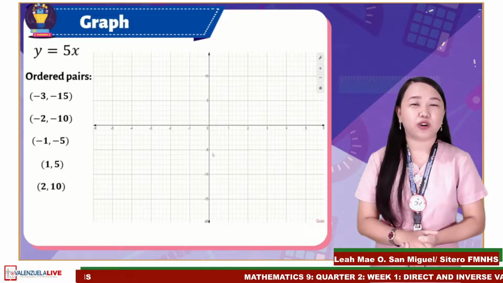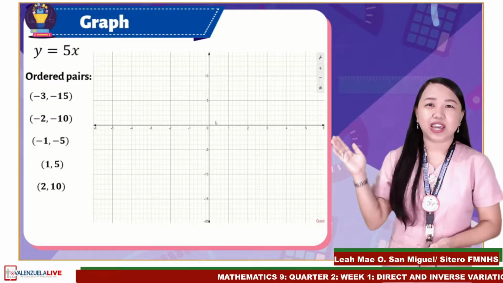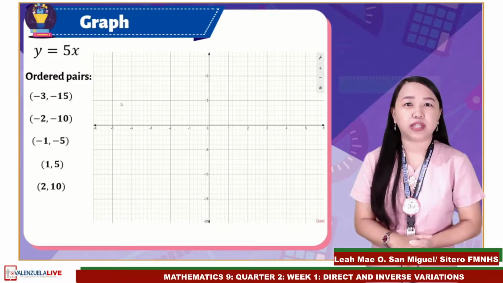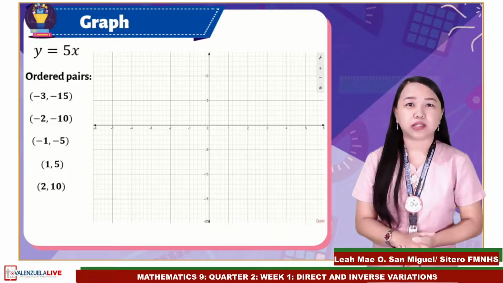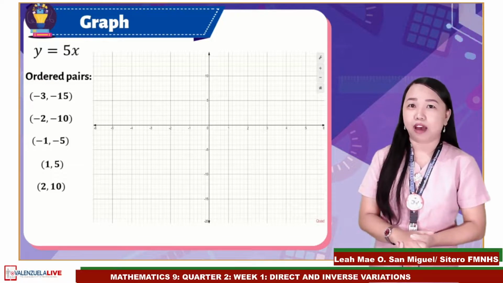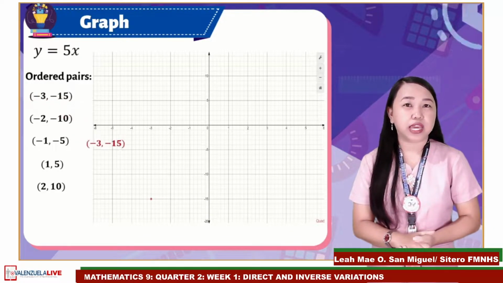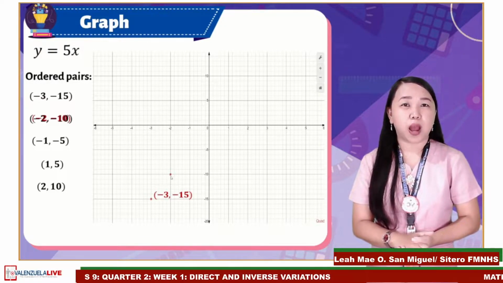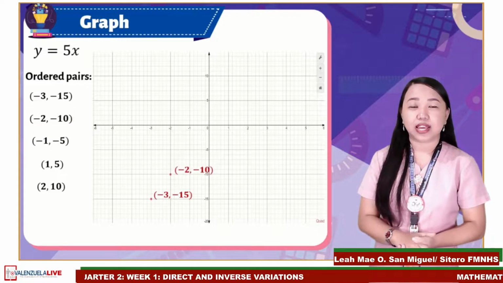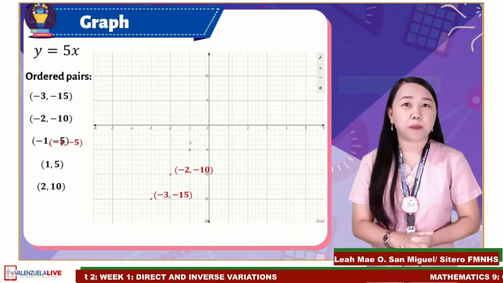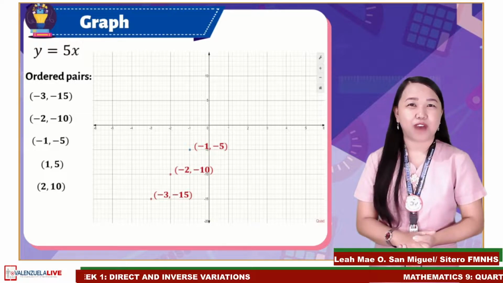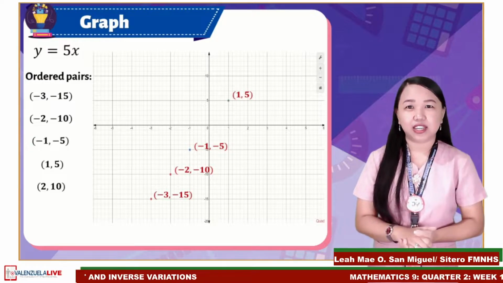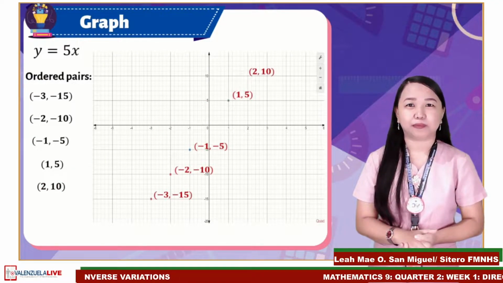Plot these points on a Cartesian plane. Here is the Cartesian plane. The interval in the x-axis is 1 and the interval in the y-axis is 5. We have (-3, -15), then (-2, -10), next (-1, -5), followed by (1, 5), lastly (2, 10).